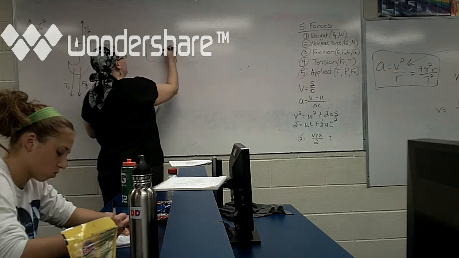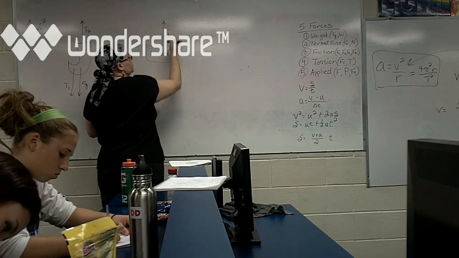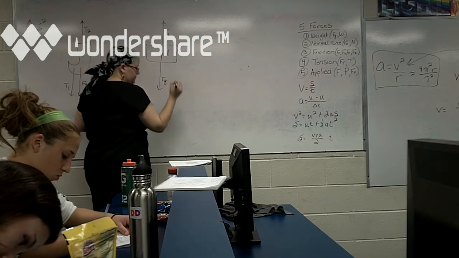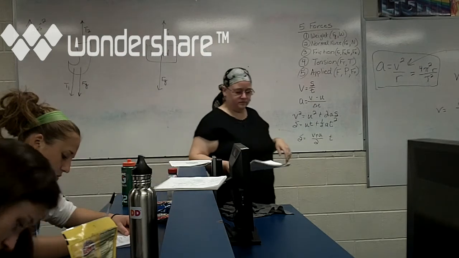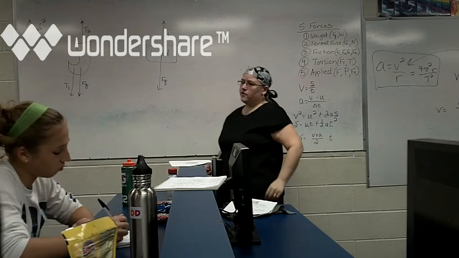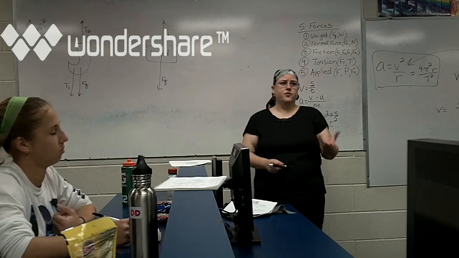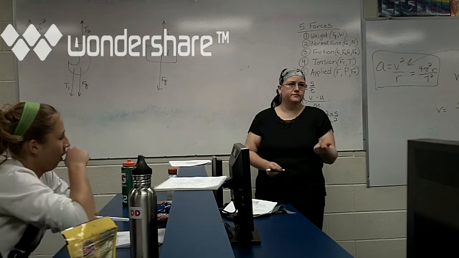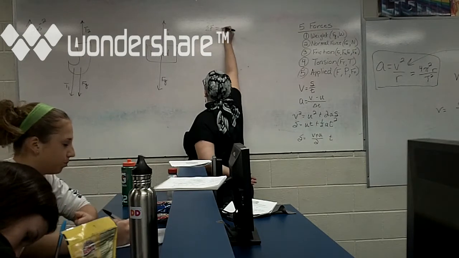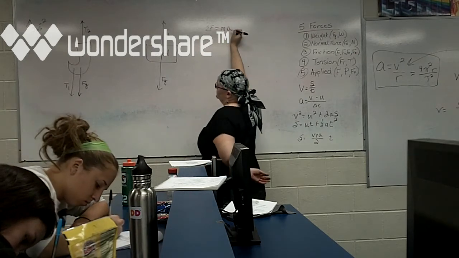On the load, you have a tension acting upward, which is T1, and you also have its weight acting down as well, right? Now, when you have two separate objects, you sum your forces on each object separately. So the sum of the forces on the hook equals mass times acceleration.